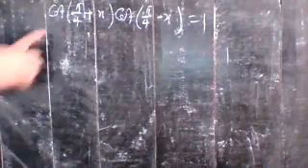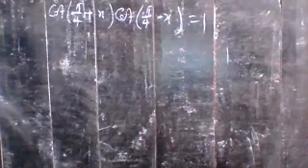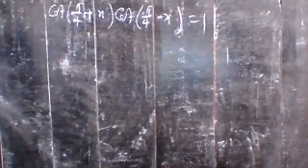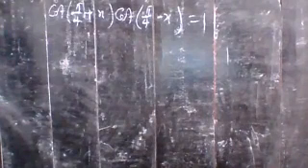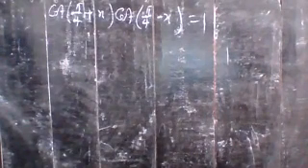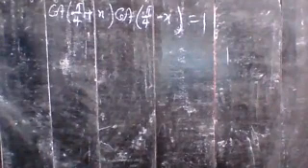You have to prove this. Try to solve it. So how do you solve it? Take the left side, change it into sine and cos, and then try to simplify it.